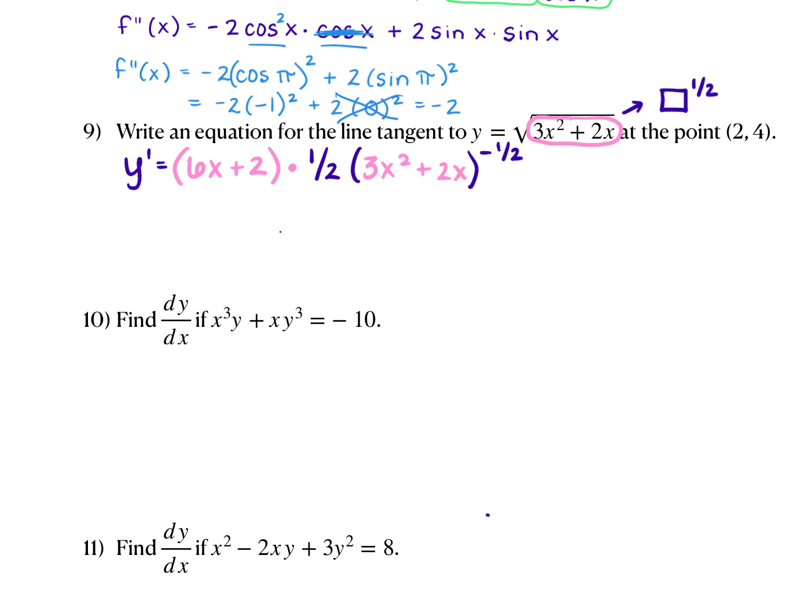Okay, so that's my derivative. I could clean it up just a little bit, and you saw me do this before. The 6x plus 2 can be on top. On the bottom, I'm going to put the 2 from the 1/2, and then a square root of 3x squared plus 2x.